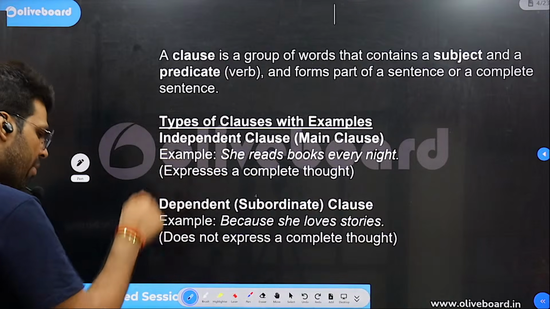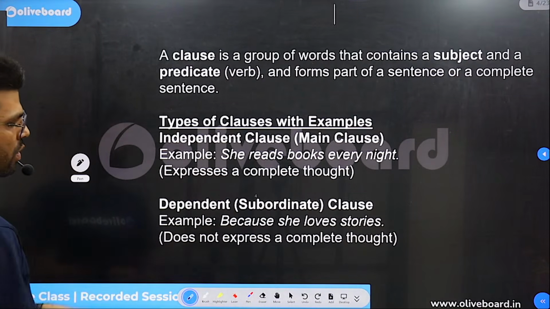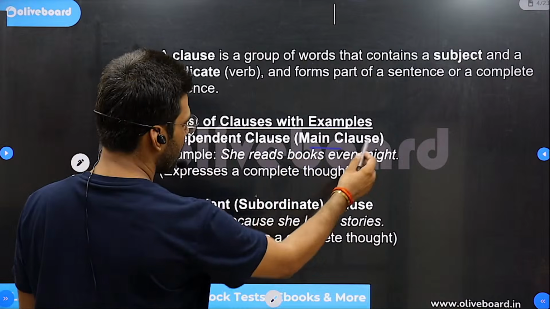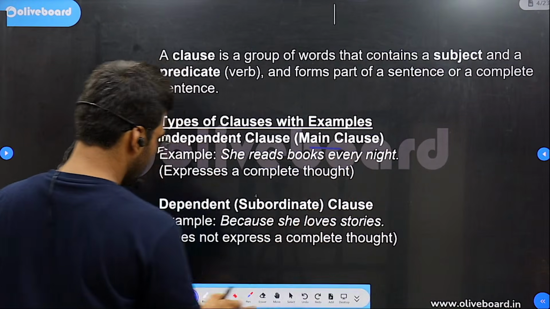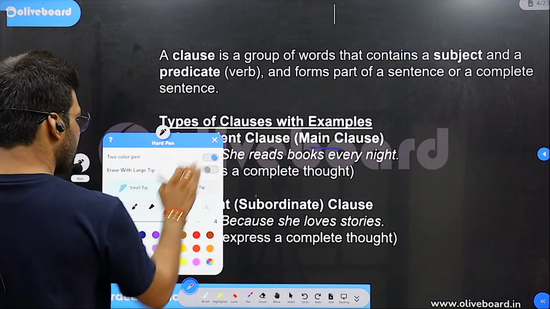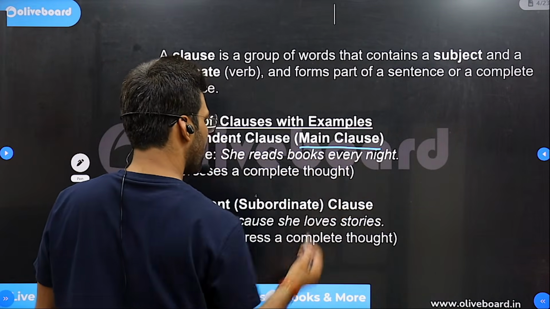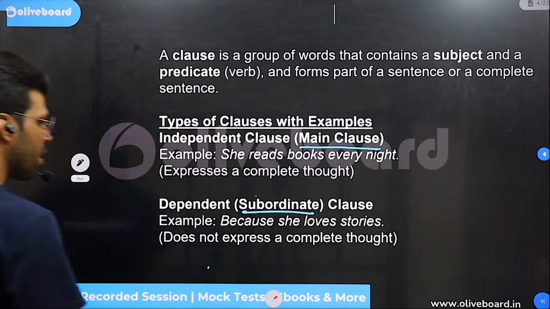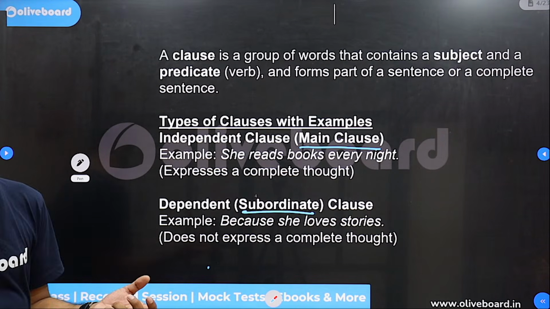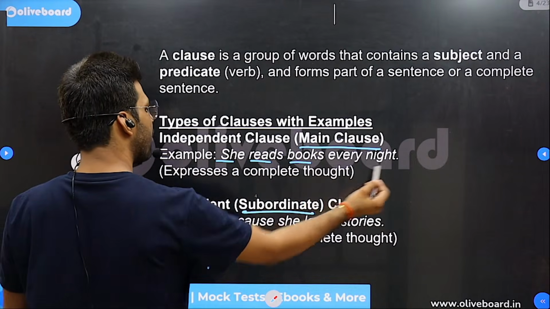If they are dependent on some other statement or clause, we call them a dependent or subordinate clause. Sometimes we call this the main clause or the principal clause, and we call this the subordinate clause or the dependent clause also.